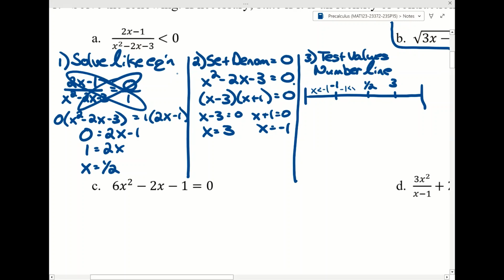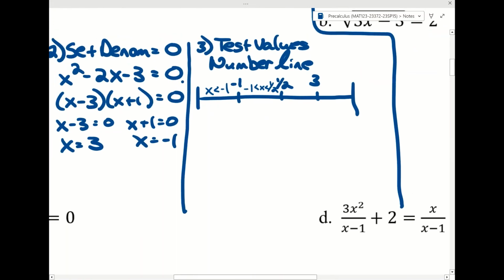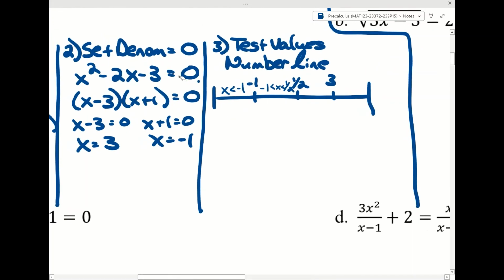This is between -1 and 1/2. I have to write small to fit everything. These numbers are between -1 and 1/2. These numbers are between 1/2 and 3. These numbers are bigger than 3.